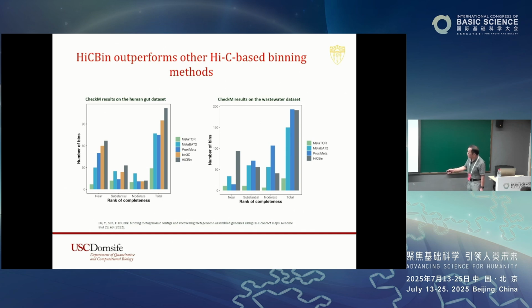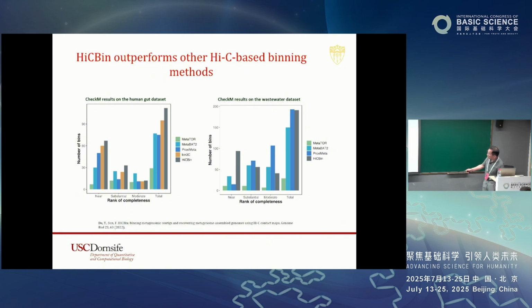And if you look at the total number of recovered MAGs, we recovered much more than the second best. Similarly for this wastewater data set, although the total is not, the most important one is the near complete.